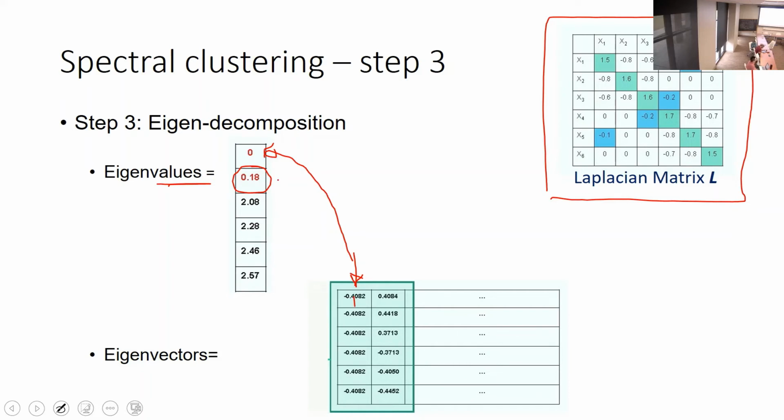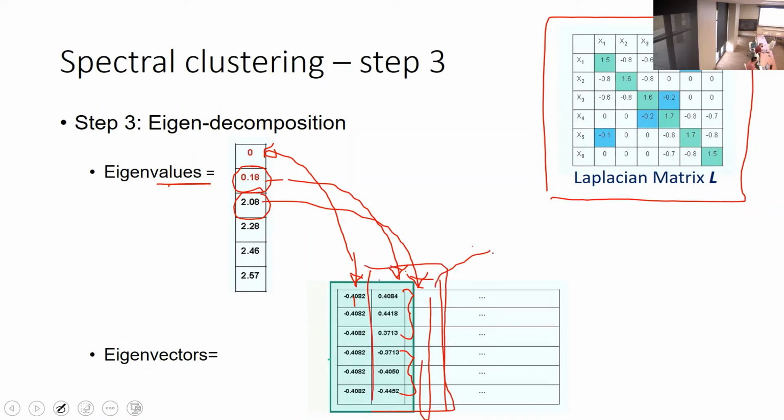The second one gives you the information. The first three are positive, and the last three are negative. So you can use this to separate them. If the resolution is not enough, you can use another smallest one. You combine these two to help you separate. In this case, you have a two-dimensional description of your points.